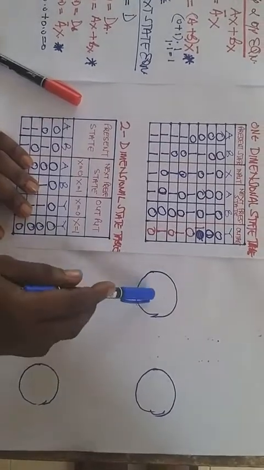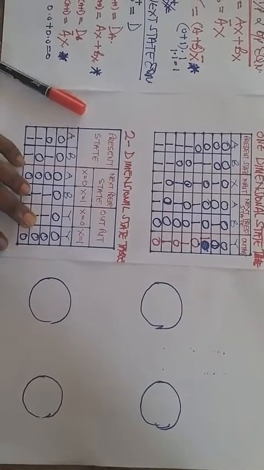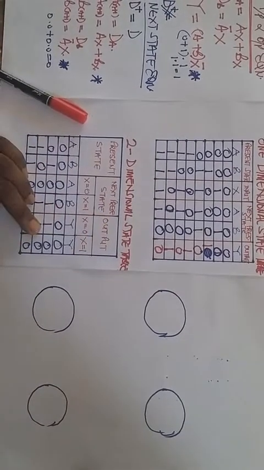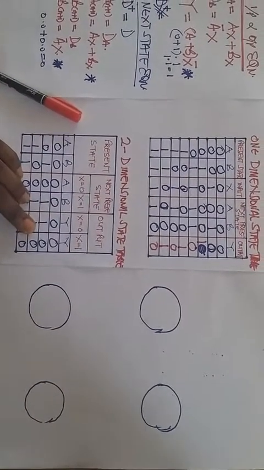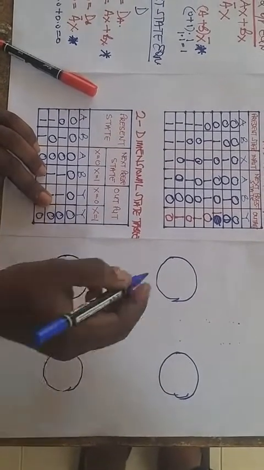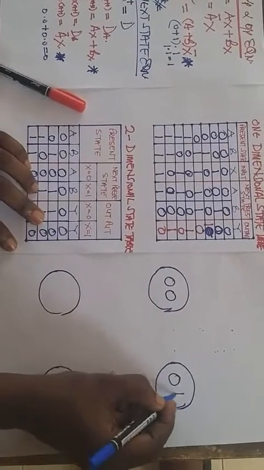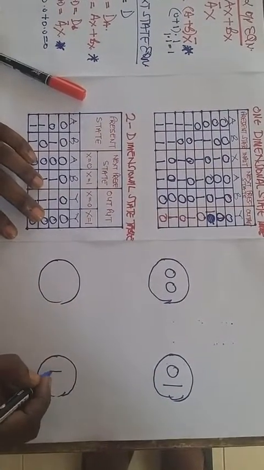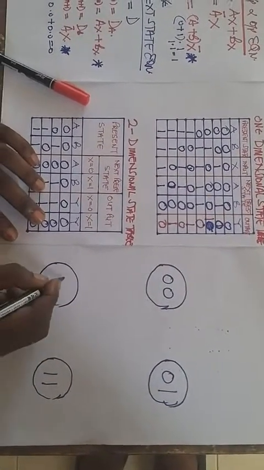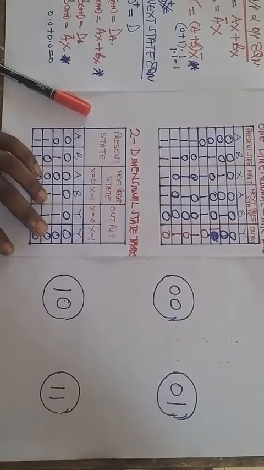You can see I've drawn 4 circles here, representing the states. So over here, let me call this state 00, 01, 11, and then 10. It doesn't matter, you can position it any way you want to.